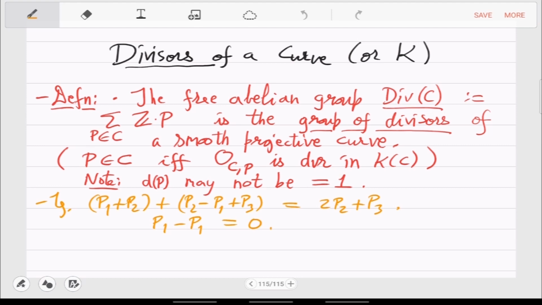Yeah, so the other thing is, I think the notation here is a bit bad. The notation seems to suggest that you can take infinitely many points, but when I say sigma, I mean the support is finite.